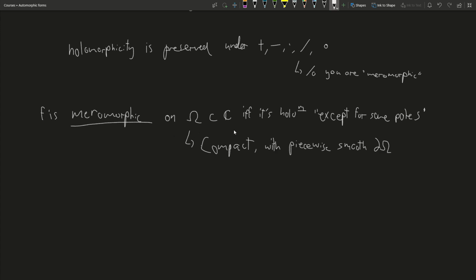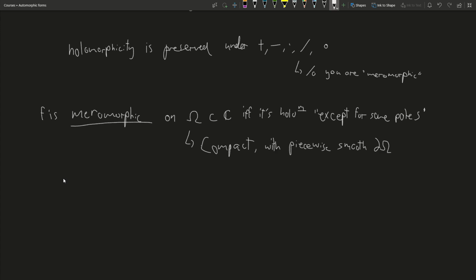But that's tricky, because you can have infinitely many poles and you can still be meromorphic. So it's kind of a can of worms, and I just want to say except for some poles, and that's going to be enough for understanding what we do.